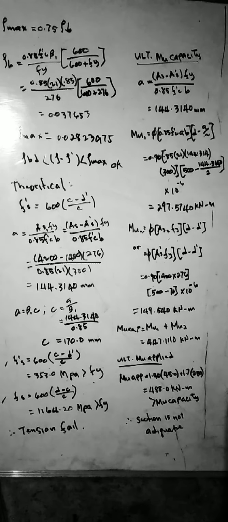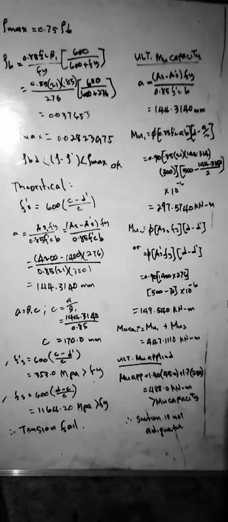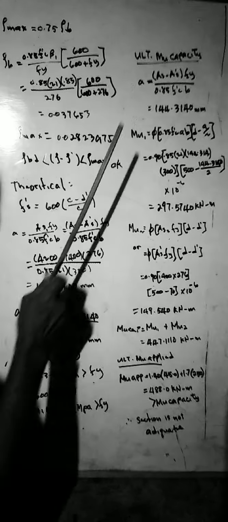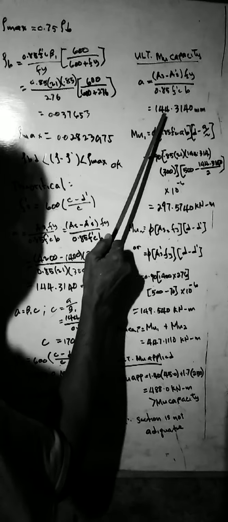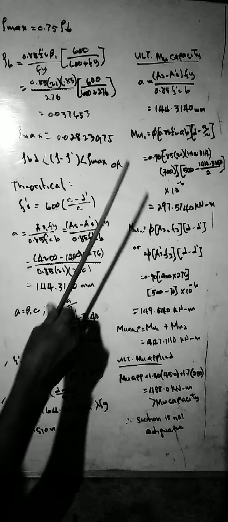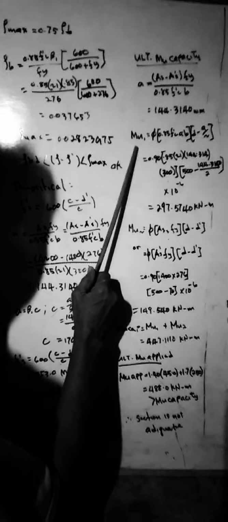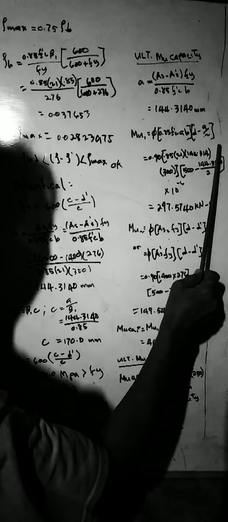Okay, so this is the time to calculate the moment capacity of the section, the ultimate moment capacity. We have the value 144.3140 millimeter, and the M_u1, ultimate moment 1, is equal to this formula.